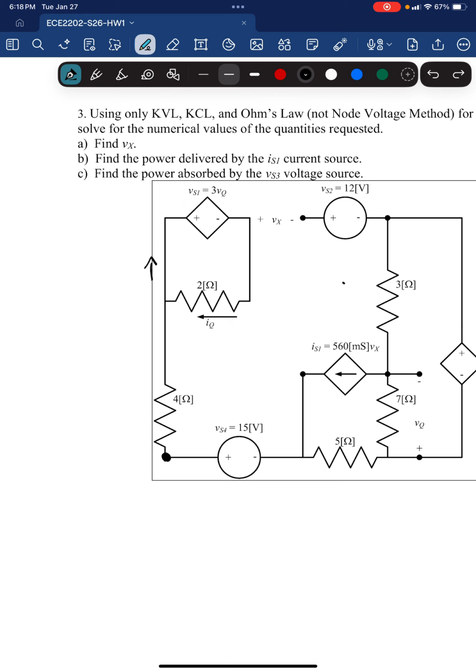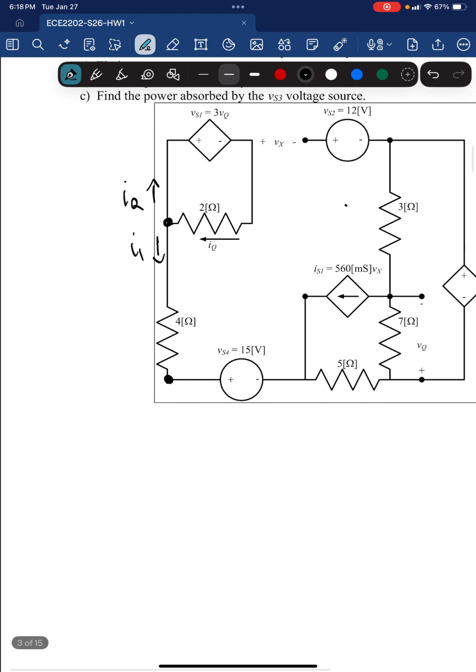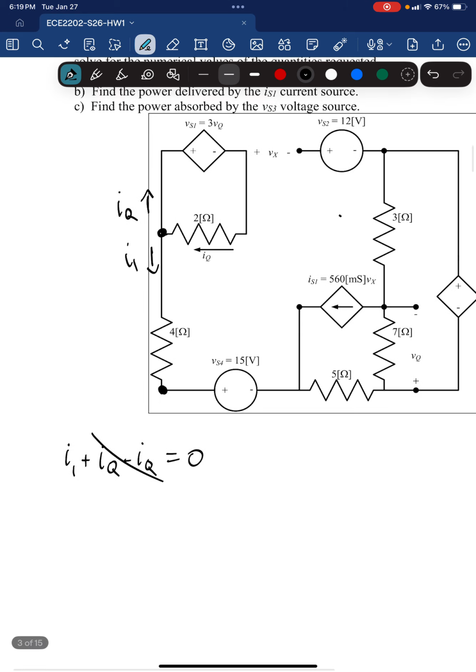So if IQ is entering this junction, then we know IQ is leaving this junction. Let's create a new variable, call it I1, and just do a KCL here. The currents leaving is I1 plus IQ, and the current entering is also IQ, so we'll do minus IQ equals 0. And obviously these currents cancel out, so you're left with I1 is equal to 0.